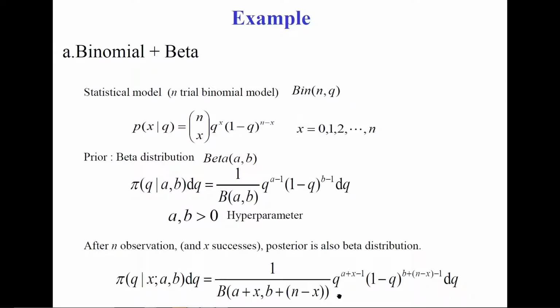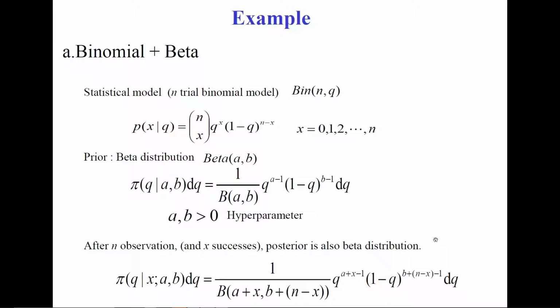We just replace hyperparameters a and b with a plus x and b plus n minus x. n minus x denotes the number of failures. So this is a convenient formula to calculate the posterior distribution in this case.